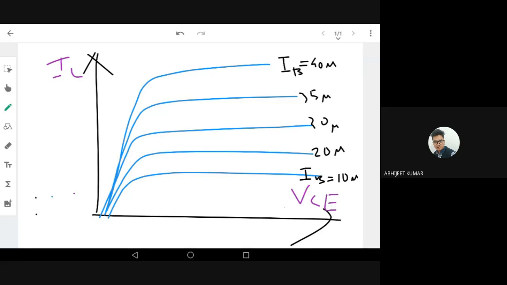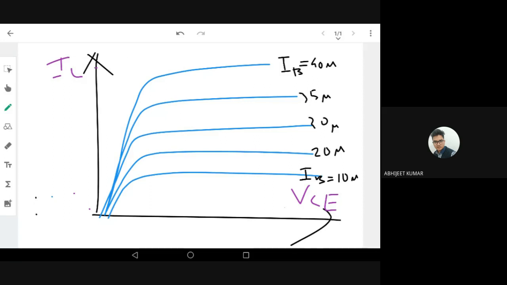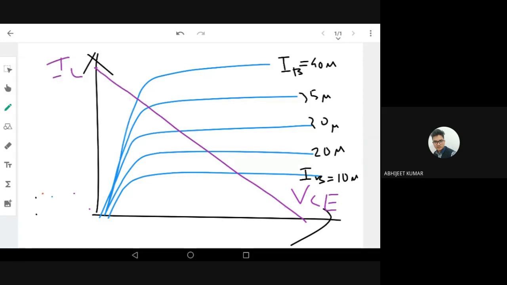Now the Q point, the operating point of the transistor, is nothing but this point. I'm drawing the load line. Which are the points of the load line? This is zero voltage and maximum current, that is VCC divided by RC. This is the first point. The bottom point: current is zero, voltage is VCC. These are the 2 points.